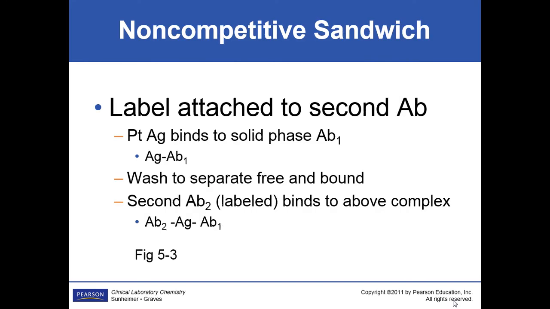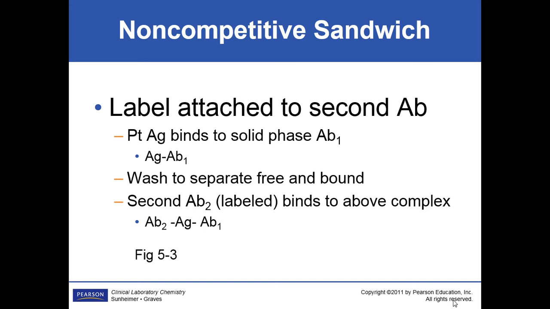That was competitive binding. I have a labeled antigen and a patient antigen competing for the sites. I'm only going to measure the label. So inverse to the concentration of your patient. Now the other method is non-competitive, and it's called a sandwich method.